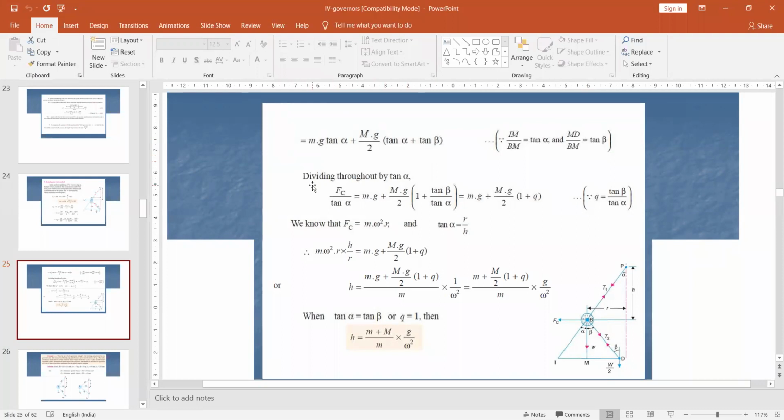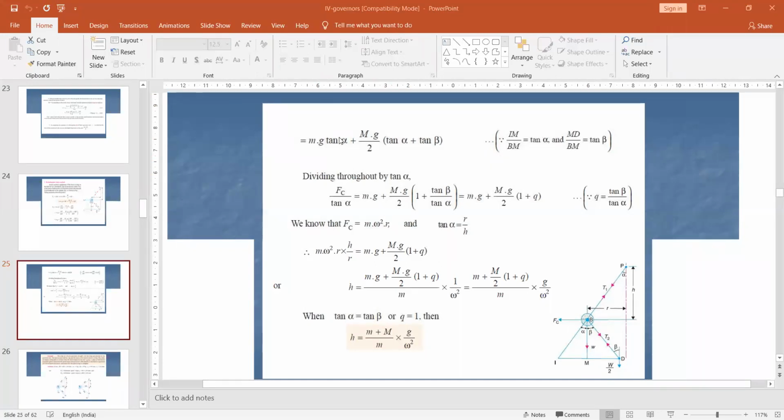Now dividing the equation throughout by tan alpha. When we divide by tan alpha, FC by tan alpha equals small mg plus, why?